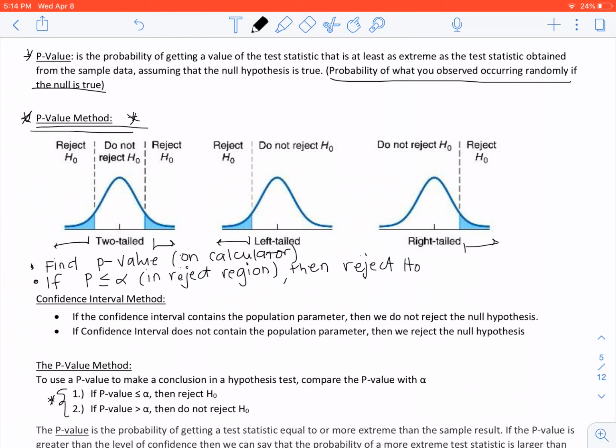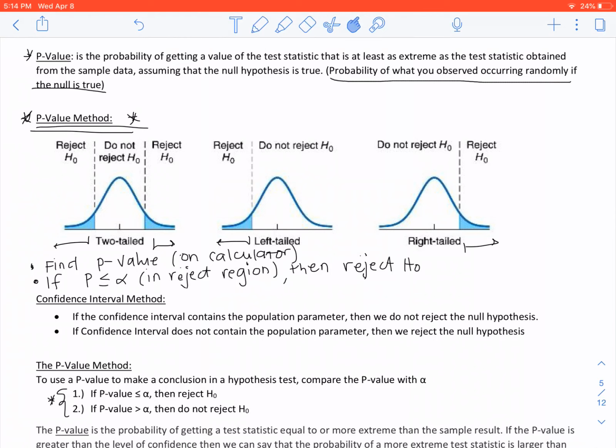So with the p-value method, we have what's called rejection regions and do not reject. Rejection regions depend upon if it's a two-tailed, left-tailed, or right-tailed test. And we're going to go ahead and find the p-value on our calculator. And if the p-value is less than alpha, and alpha will be given to you in the problem, then that means that's in the rejection region. Then that means that we will reject our null hypothesis.